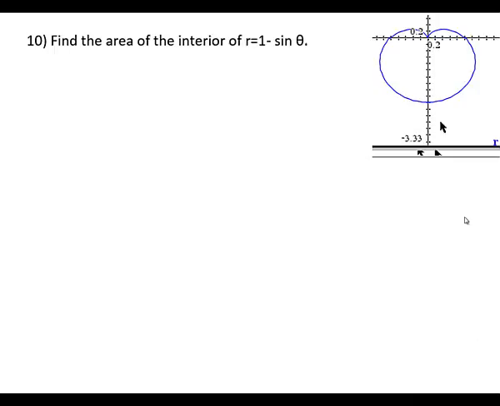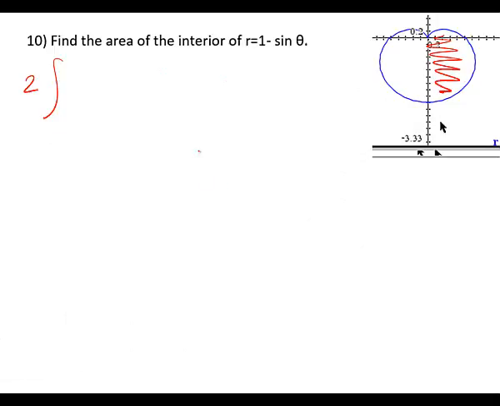All right, so here's how I'm going to find the area of this. It said it wanted the area of the interior, right? Well, the interior is the whole thing, isn't it? I'm not going to try to integrate the whole thing. I'm going to just integrate half of it and multiply by 2. So whatever I integrate, I'm going to multiply by 2.